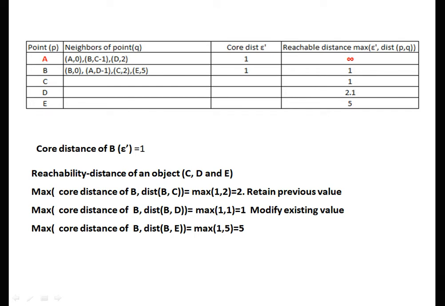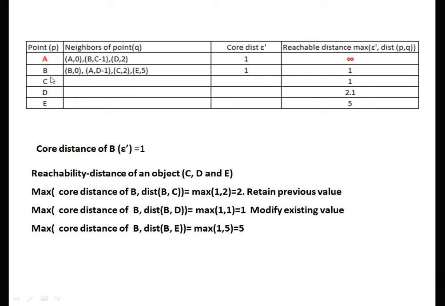I will explain with the example. The core distance of B is 1. Now we find the reachability distance between BC, BD and BE. The absolute distance between BC is 2, BD is 1 and BE is 5, so we get 2, 1, 5.